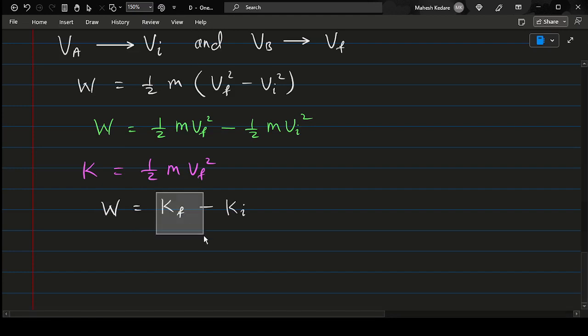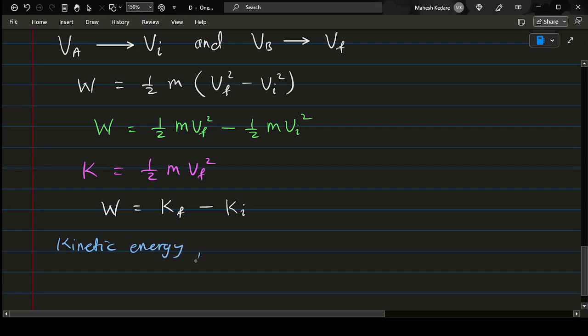This quantity is therefore of a special significance. It represents the energy in the form of motion. We call this the kinetic energy of a body. So we now identify the kinetic energy of an object, K, as equal to half mass times velocity square.